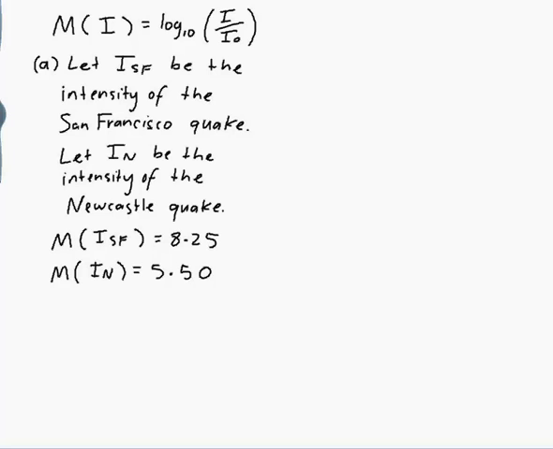Okay, well that's all the information I've been given. What else can I do here? Well, my formula says that M of ISF would be log 10 of ISF on I0. Okay.